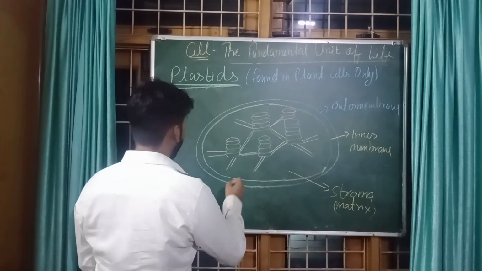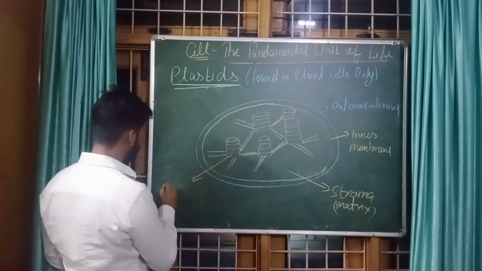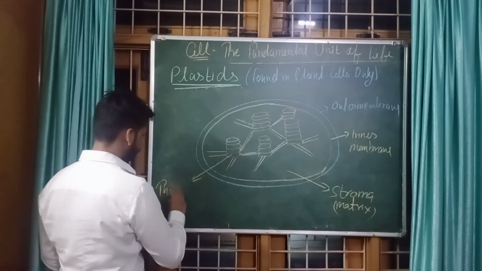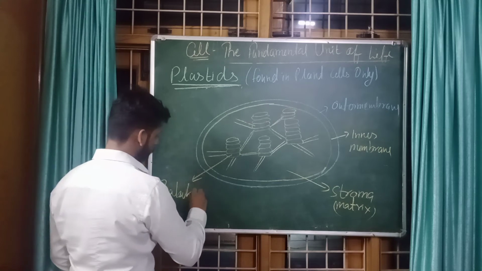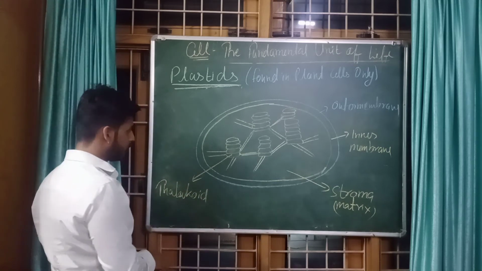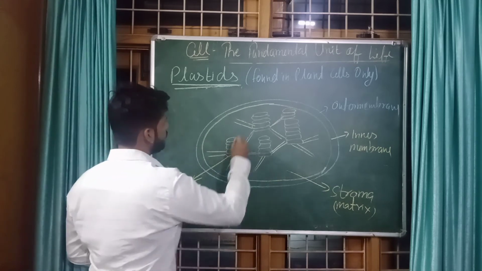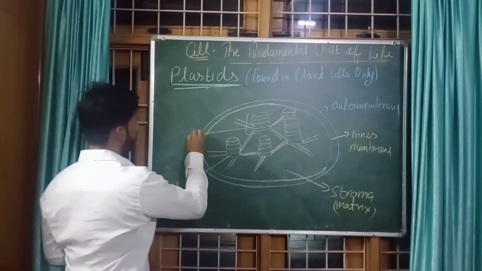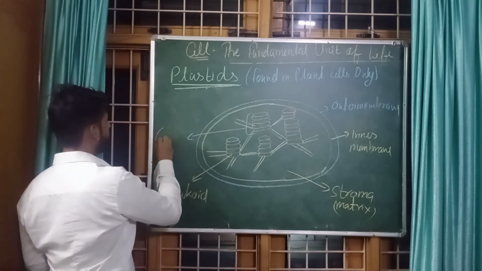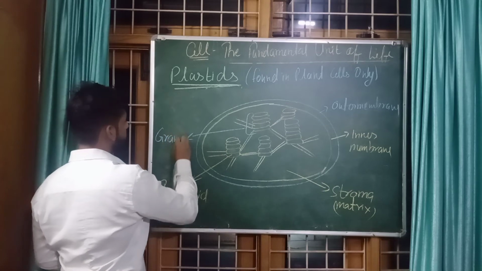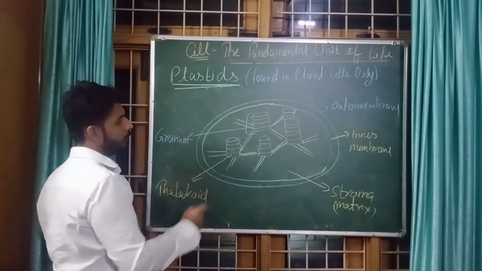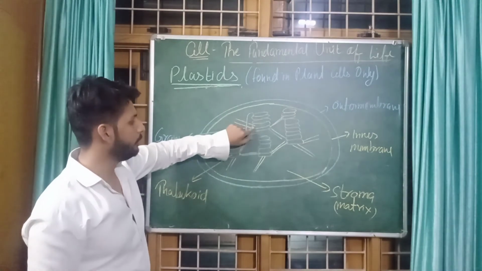This single piece is known as thylakoid, and this whole is known as granum.